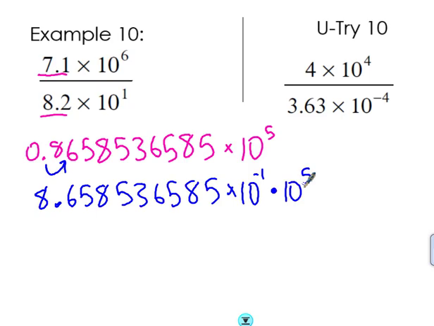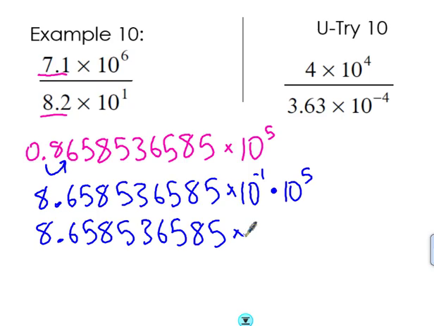All we have to do is add the exponents on the tens, and the remaining part of the number will stay the same. 8.658536585 times 10 to the 4th power. This will be our answer in scientific notation. Please try number 10.